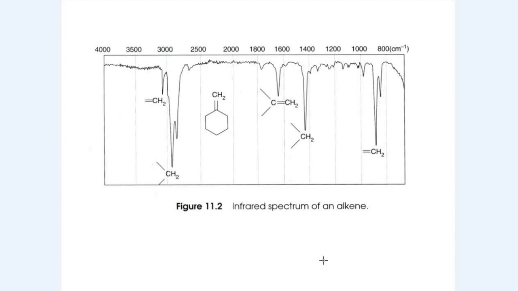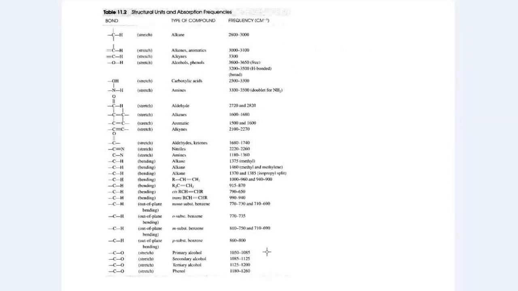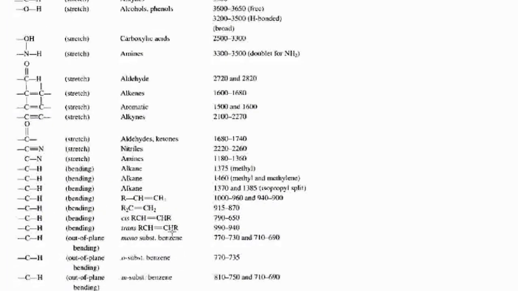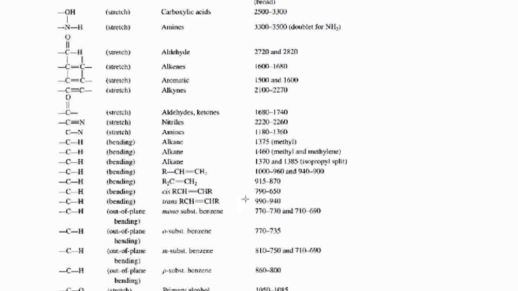Ignore this little peak right here, but basically one peak in that alkene bending region. Let's see if that corresponds to the alkylidene bend. Indeed, you can see it does.